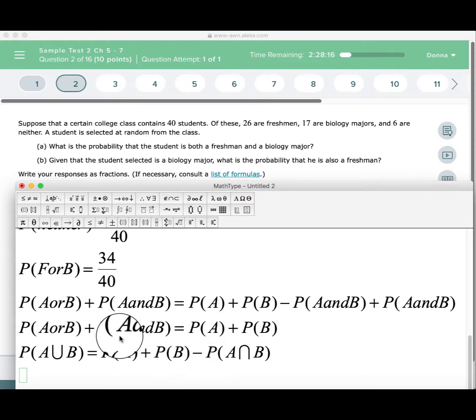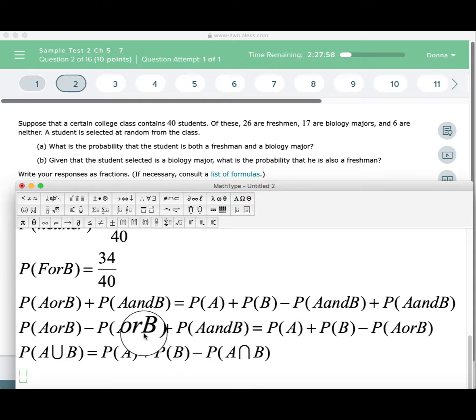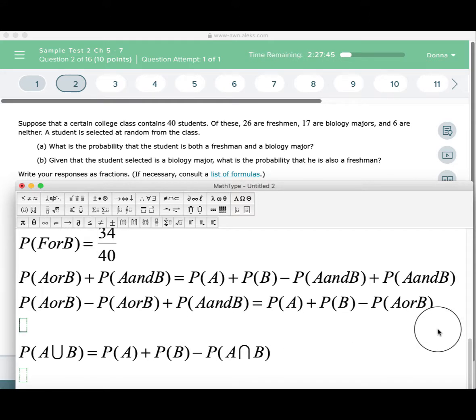Now I'm going to subtract the OR from both sides. And then on the left-hand side, the probability of A or B, here there's added and subtracted, so they're going to cancel, leaving us with a plus the probability of A and B, which is just the same as the probability of A and B.